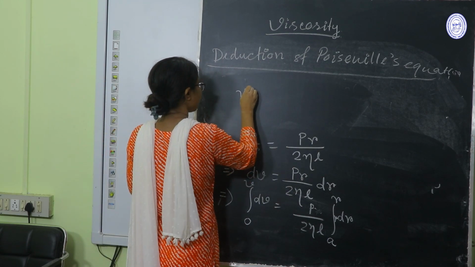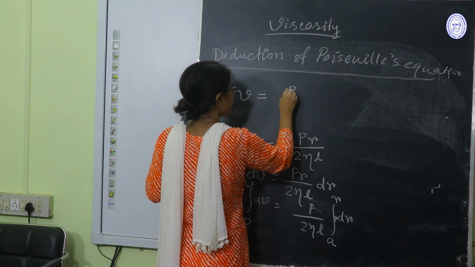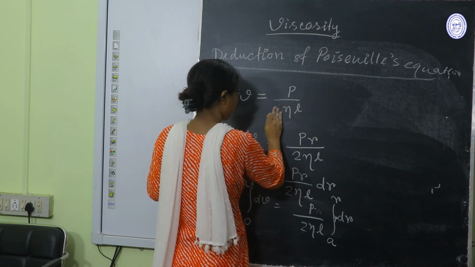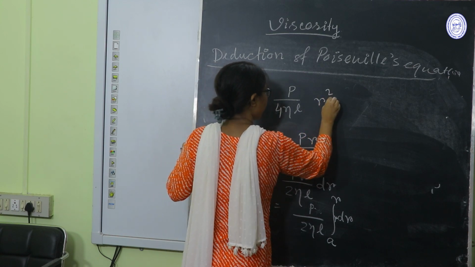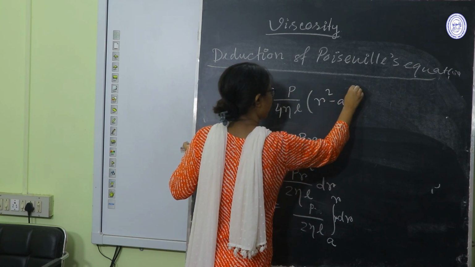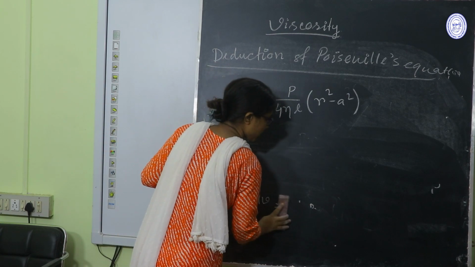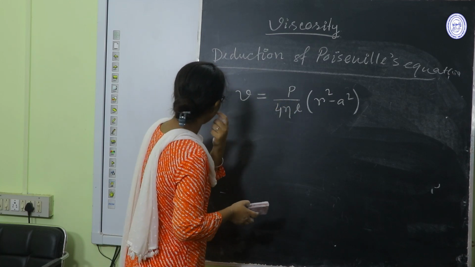So, v is equal to P by 4 eta L into r square minus a square. This is the velocity profile, and this is the equation of a parabola.